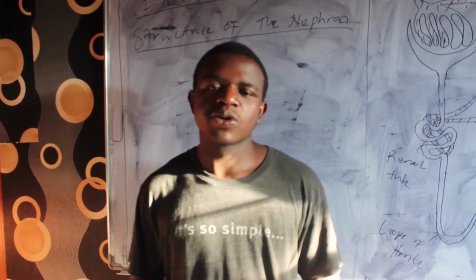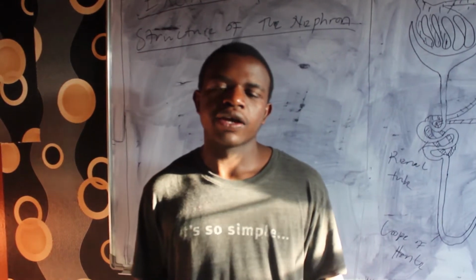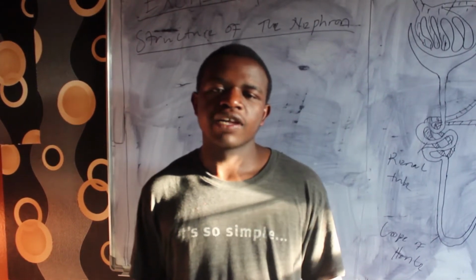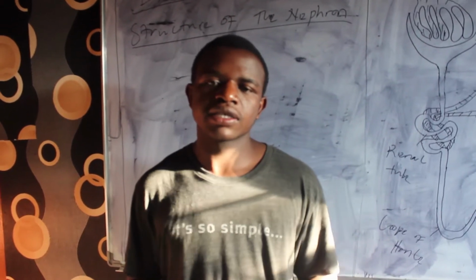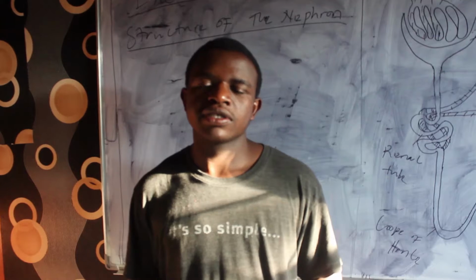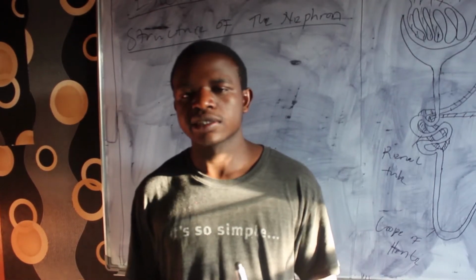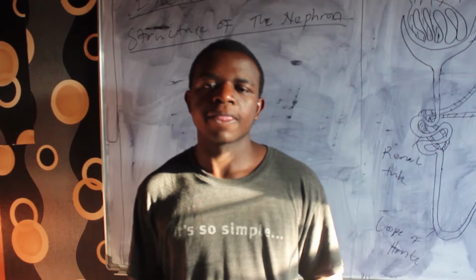The Bowman's capsule leads to a coiled tubule, the renal tubule, and after several turns and coils, the renal tubule leads to a common collecting duct.